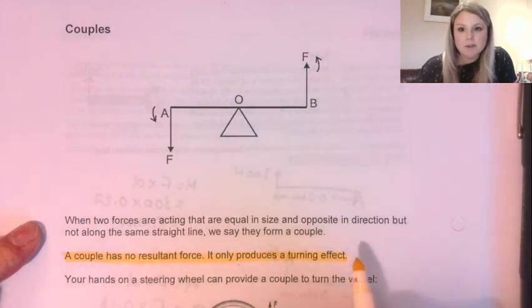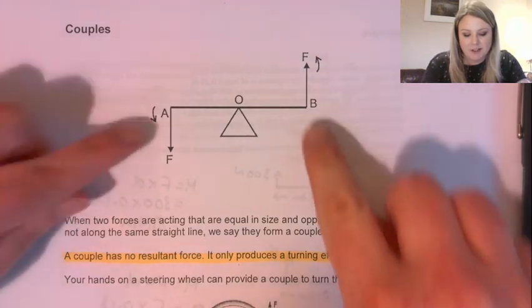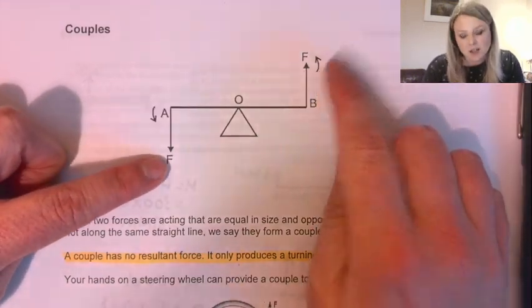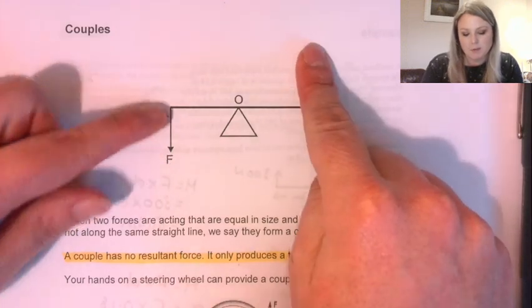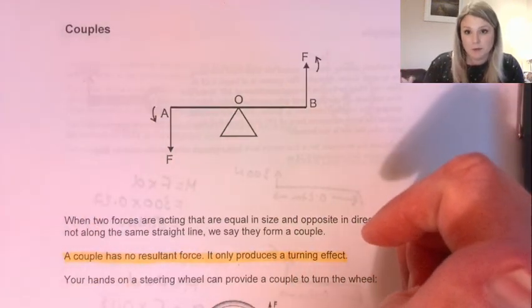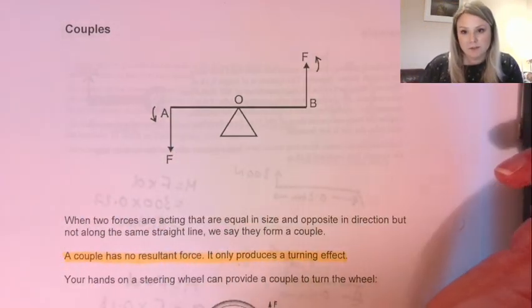A couple has got no resultant force, but it produces a turning effect. Because these forces are the same size as each other, the same size force going up and the same size force going down, they're in equilibrium, so they're not going to create a resultant force. However, they will create a turning effect.